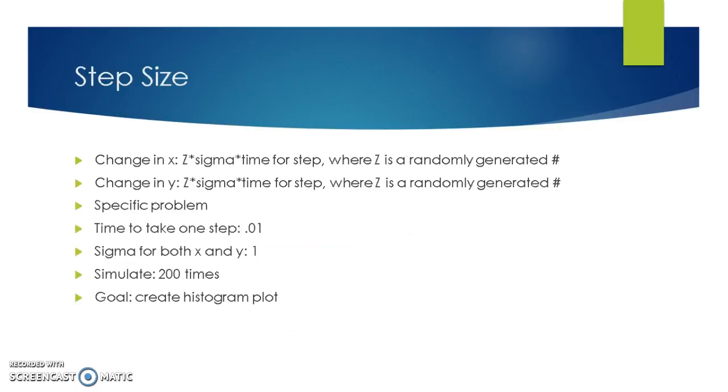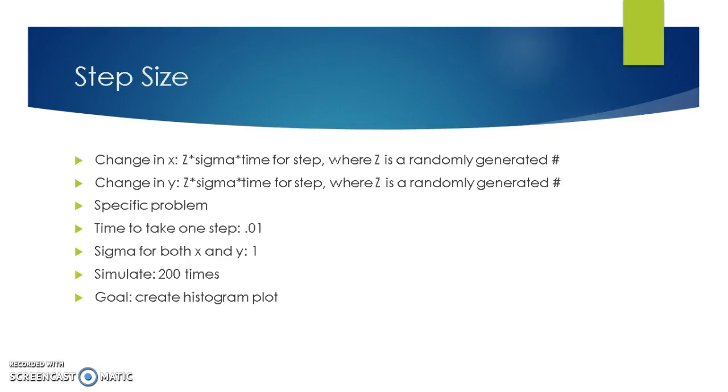Talking about the step size of that beetle and its path, the change in x is your z, which is just a randomly generated number, times your sigma, which is the estimated width of the beetle step, times the amount of time it takes for each step. Similarly with the change in y, the only difference is that the sigma is going to be the length of the step rather than the width of the step that's estimated.